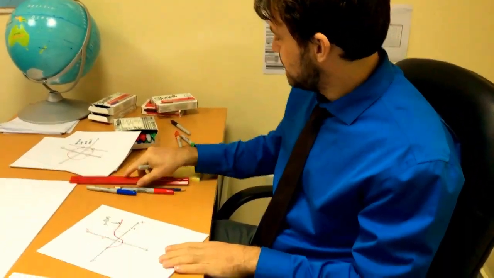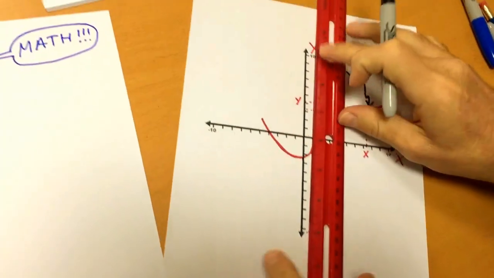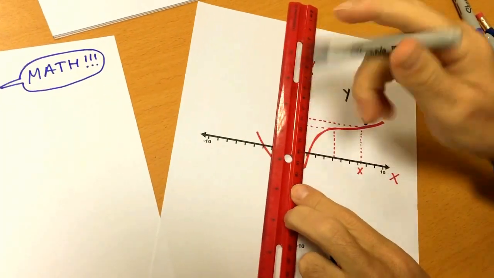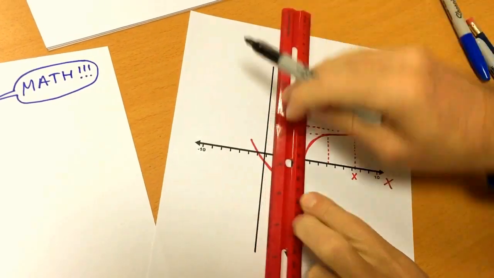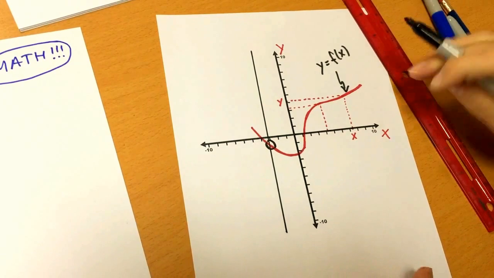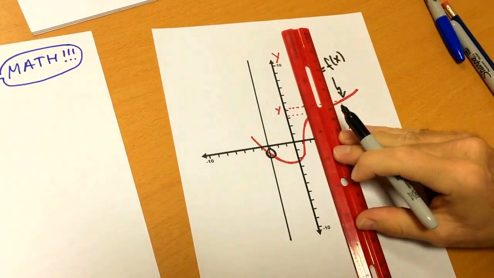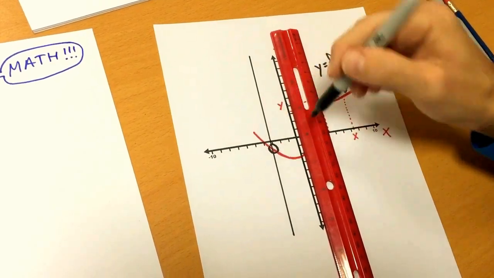This guy, however, let's see this guy. So if I take my ruler here and I draw a vertical line straight through it, you see it only passes the curve once. If I draw a line in some other place, here or here or here or here, it will only pass through the curve only once.